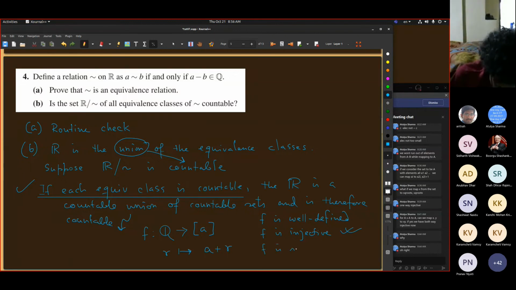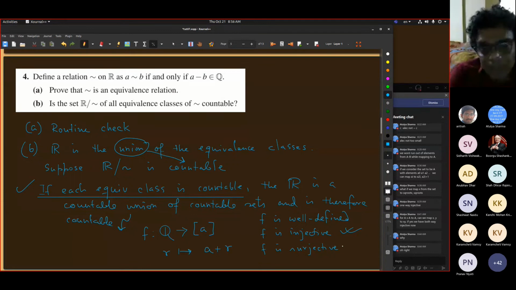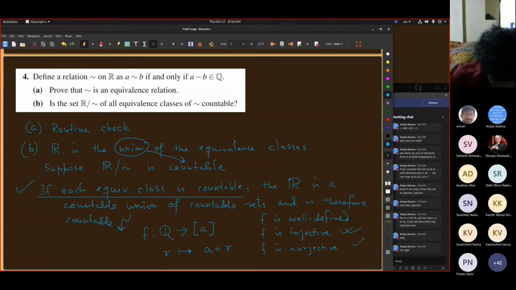Is F surjective? Yes, sir. Just take anything equivalent to A. By definition, A and that thing differ by a rational number. If I take that rational number, it will map to A plus that rational number. So this is also trivially true. So from Q, I can establish a bijection to each equivalence class, and therefore each equivalence class has exactly the same size as Q, but Q is countable. Okay. That's all. Happy?